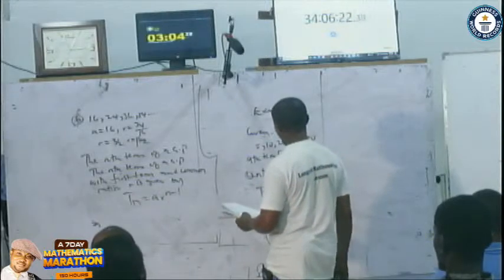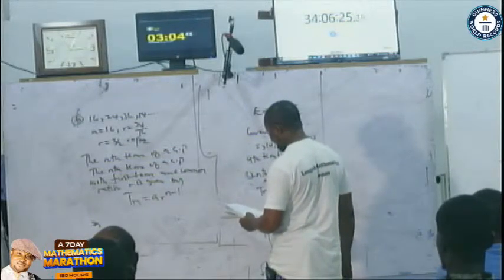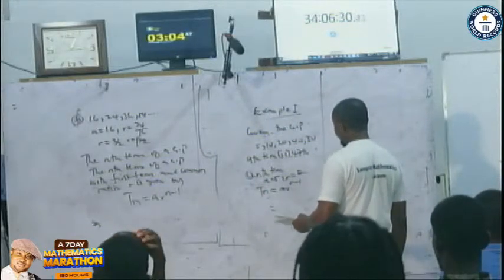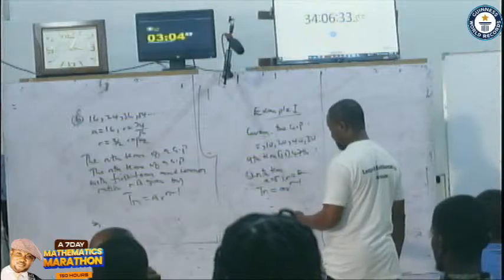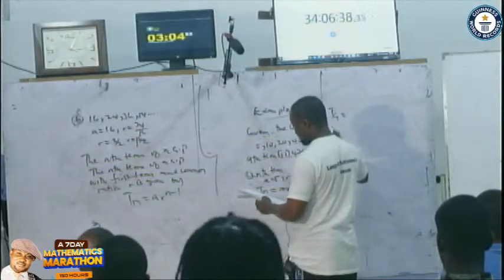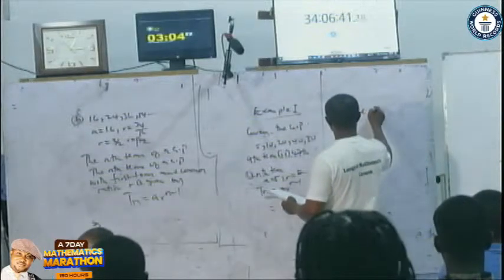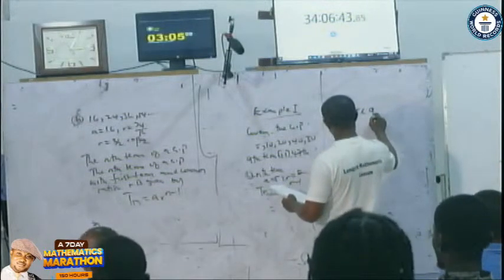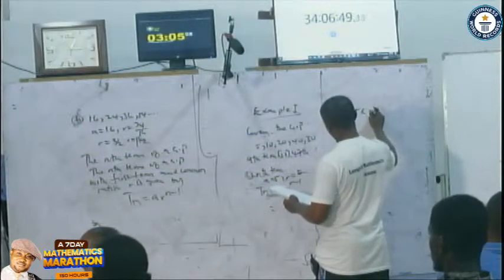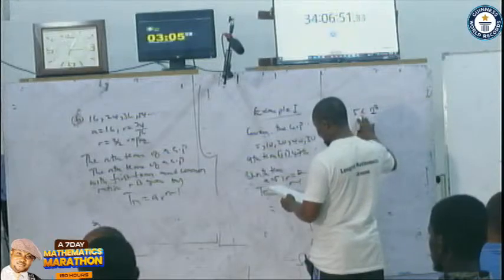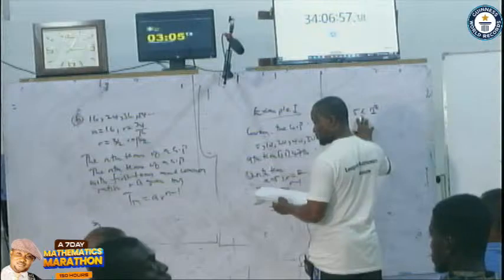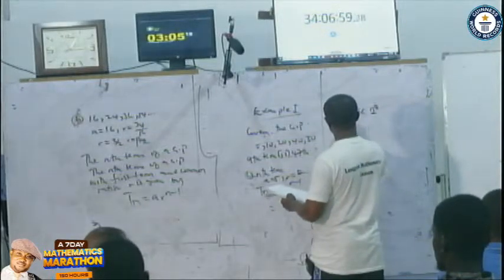In that question, they gave you A, they gave you R, the common ratio. So to find this is going to be Tn equals ar to the power n minus 1.